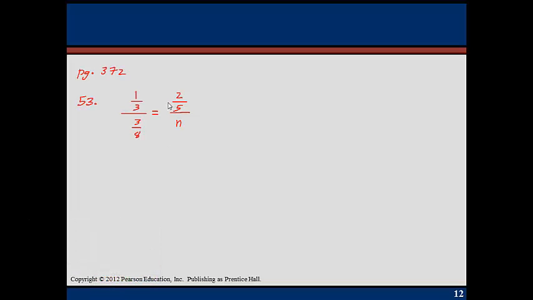So again, we're going to do our cross multiplication. So now we have 1/3 times n, which is 1/3 n, equals 3/8 times 2/5. And of course, we can simplify the 2 and the 8, divide both by 2. We end up with 3/20.